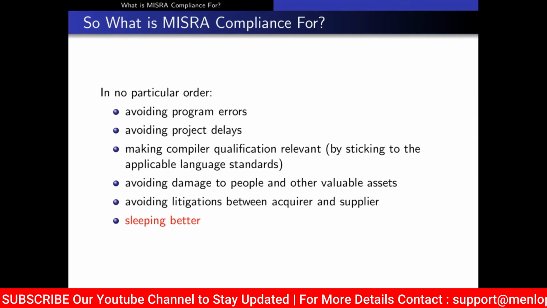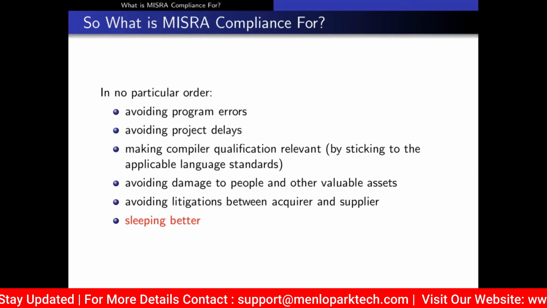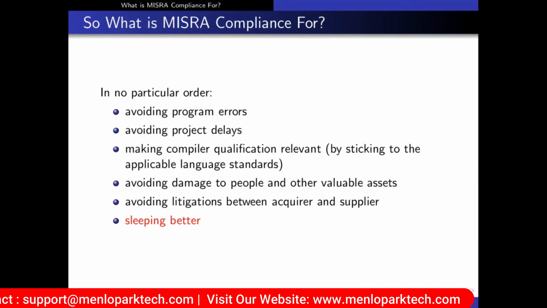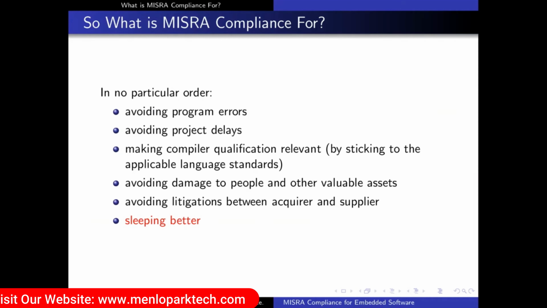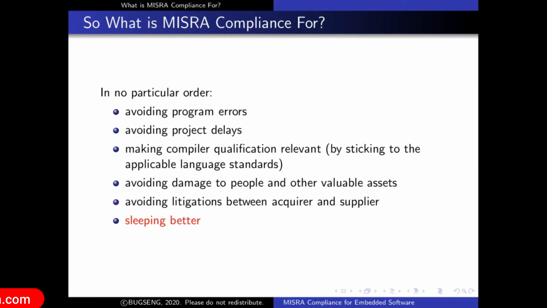MISRA compliance makes compiler qualification, when required, relevant, because as part of compliance with respect to MISRA C, you have to stick to the applicable language standards, and this is what the compiler qualification suites test for. Of course, it helps avoiding damaging people and other valuable assets. It helps avoiding litigations between acquirer and supplier, and in the end, it allows you to sleep better, much better.